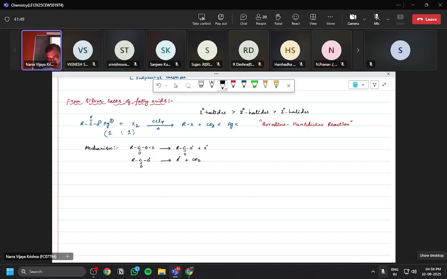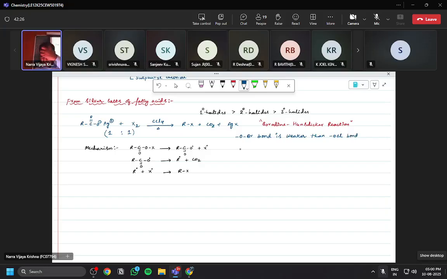Now this R radical combines with X radical to form RX. Correct or not? In this, we are having O-Br bond, same way O-Cl bond also, right? So O-Br bond is weaker than O-Cl bond.